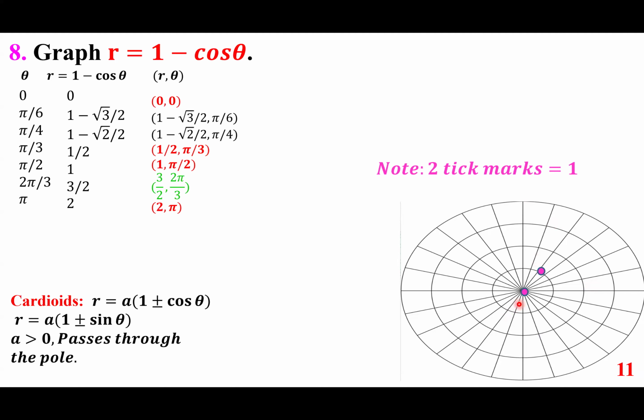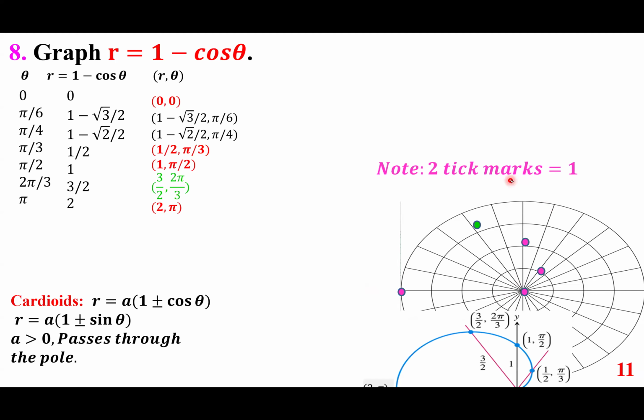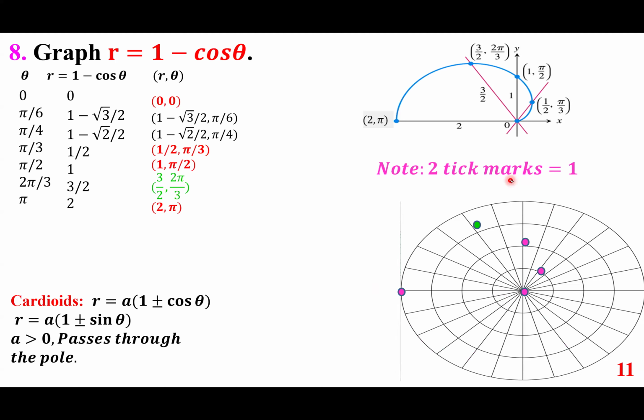Pi over 2 is the positive side of the y-axis. 1, we said 1 is going to be 2 tick marks. 2 pi over 3 and 3 halves, that means 3 tick marks. 2 pi is this way, and 2 tick marks, we're going to go with 4. So the graph looks something like that.